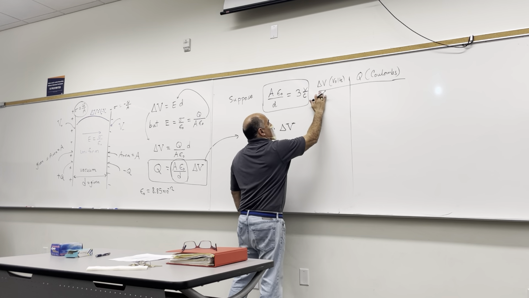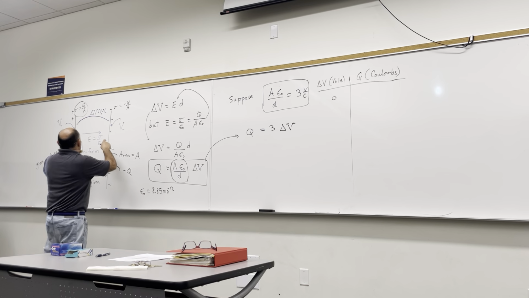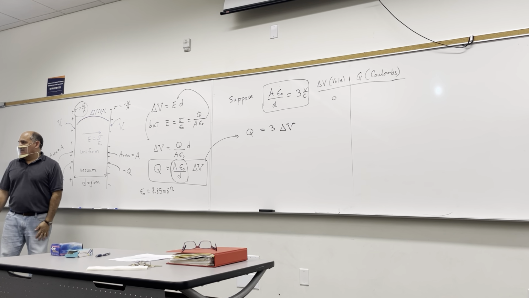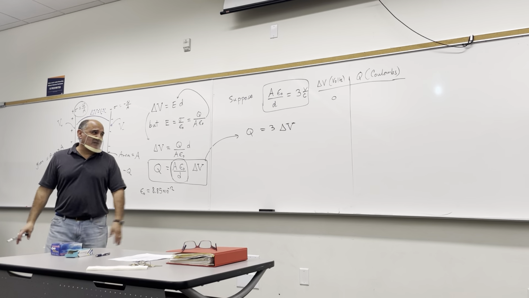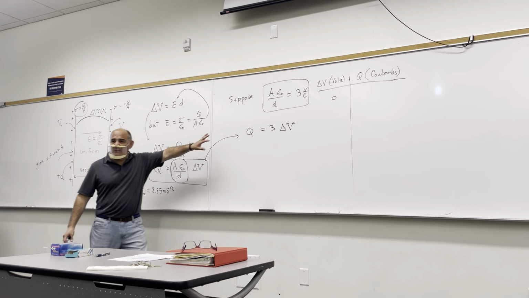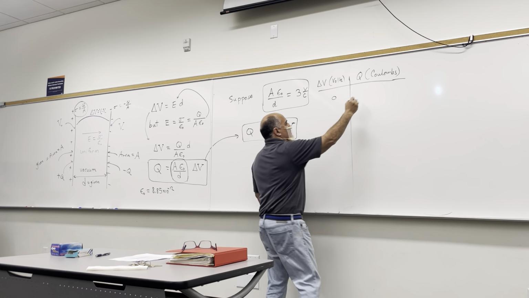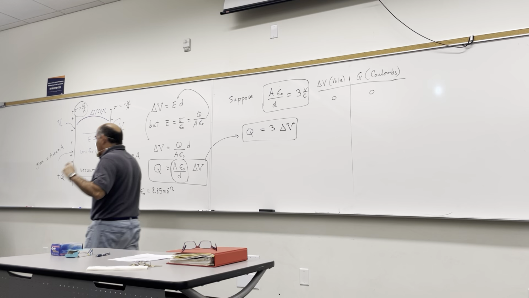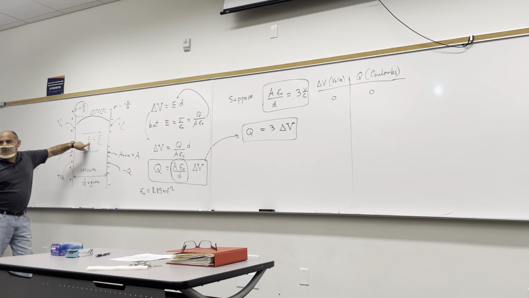If I tell you that the potential difference between these two plates is 0, then what's going to be the charge on either plate? 0. And does that make sense? Should it be 0 because of this expression, or should it be 0 also because of something else? If the potential difference between these two plates is 0, what can I say about the electric field in this region?